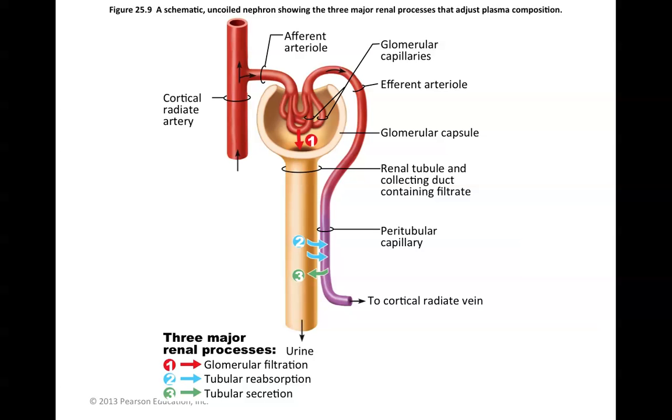It's actually very important that the GFR remains just about where it is. So there's a couple of different mechanisms that we have that allow us to balance different things. Our 125 milliliters per minute is calculated by multiplying renal plasma flow by filtration fraction.